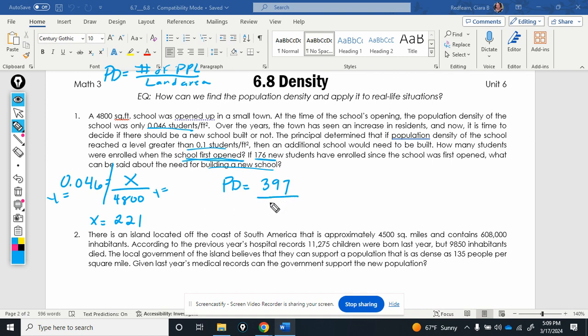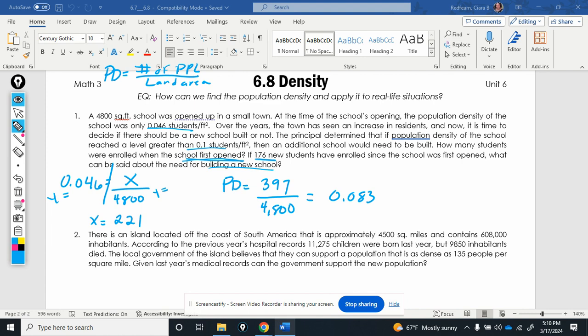The land area, again, is the population of the town, which was 4,800. So we do 397 divided by 4,800, and that answer is 0.083. That's the population density.